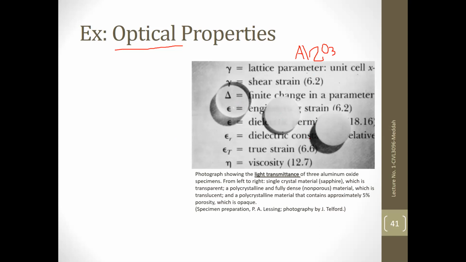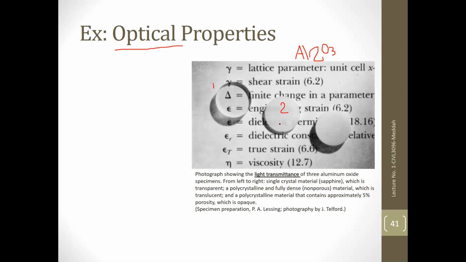The difference here, as you can see, is the light transmittance. So definitely you can see that this sample here, let's say sample 1, has the highest or the best light transmittance. Then comes sample 2. So sample 2 is not too bad, but it's really just very, very few.